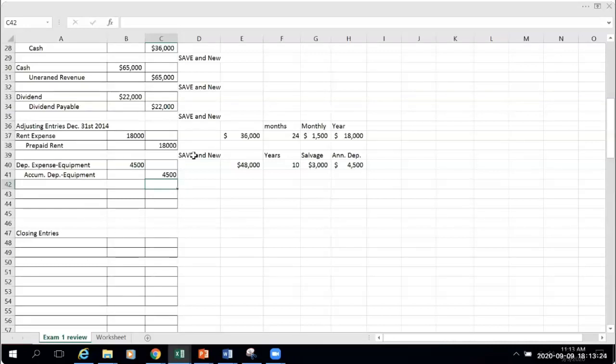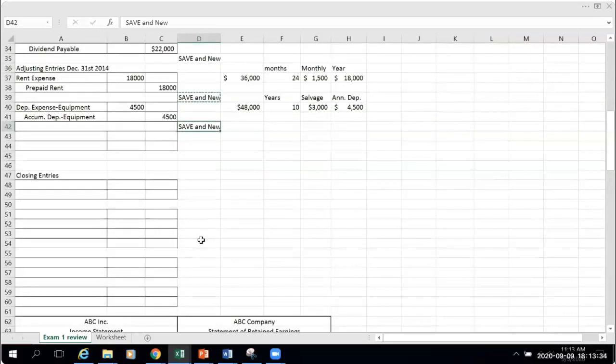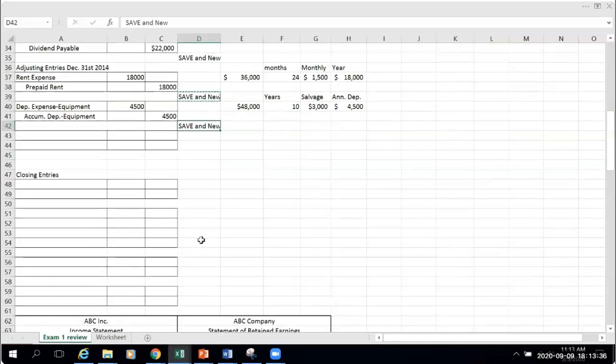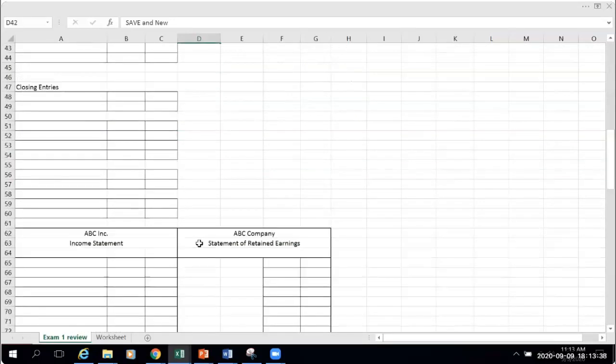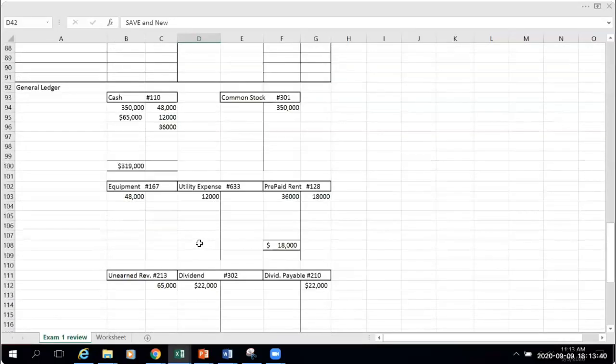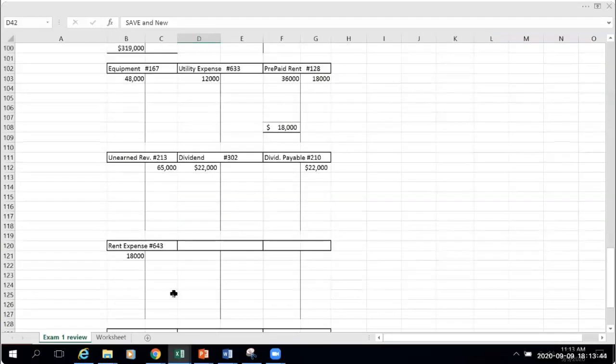And you need now to do what? Post it, right? So click Save and New in QuickBooks, let's say, and post it. Here we have to do it manually. So accumulated depreciation. So let's see. This is my equipment, but I don't have depreciation expense or accumulated depreciation.